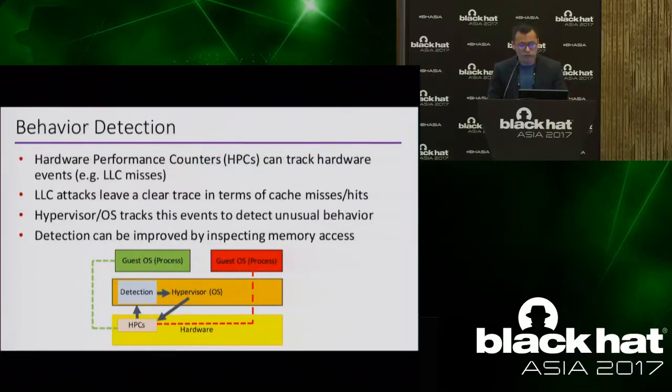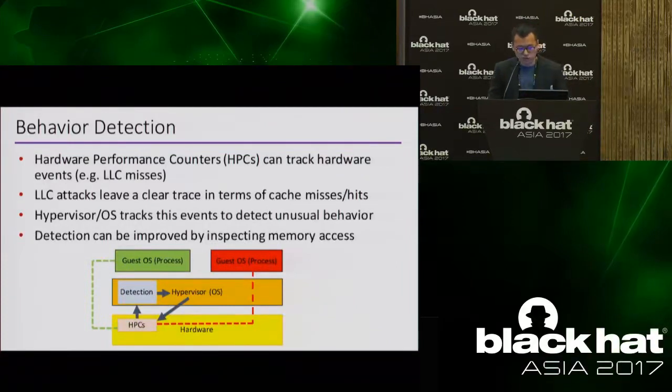Here's an example. There is one hardware event that the performance counter can keep track of, which is last level cache miss. Now, if you look at last level cache attacks, you will find a very obvious, very distinguishable behavior, which is that you will see a continuous burst of last level cache misses.